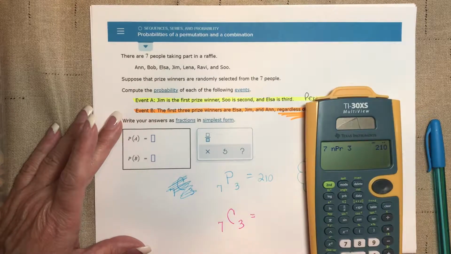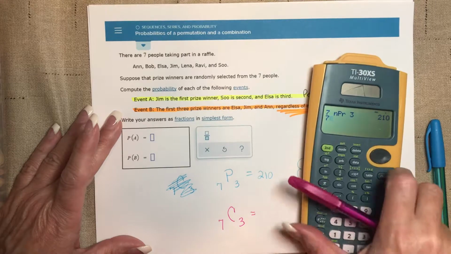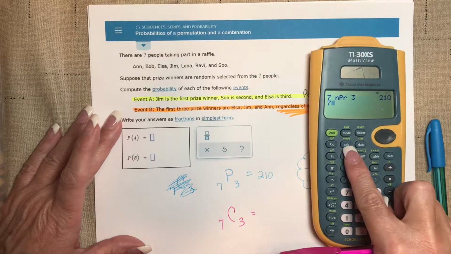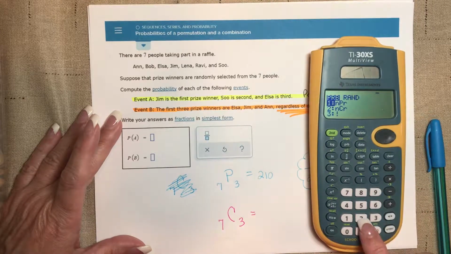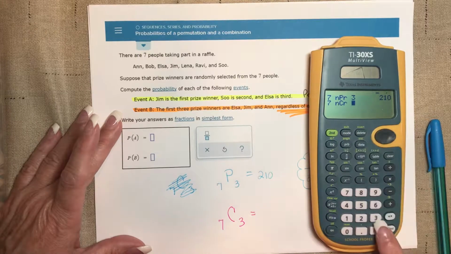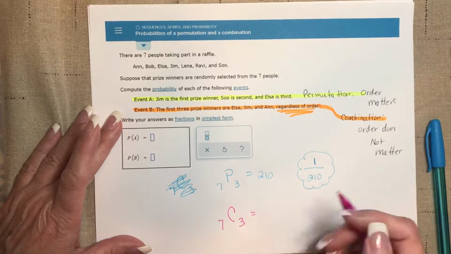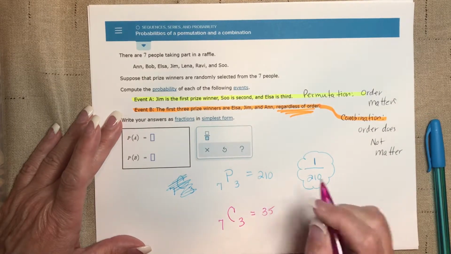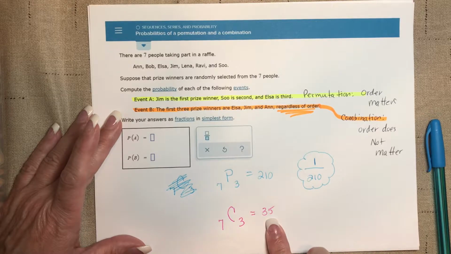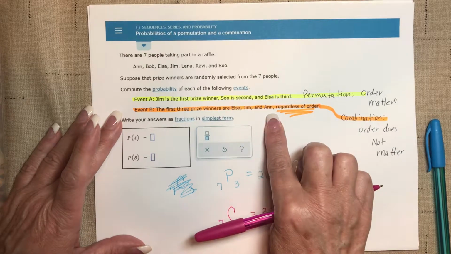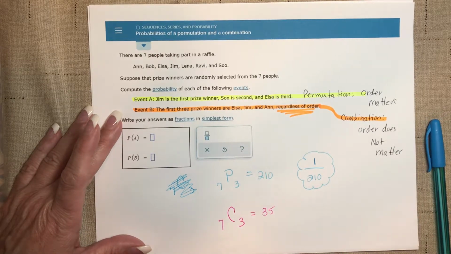So I go back to my calculator, 7, go to my probability button and hit number 2 because that's nCr, with a 3. I should get an answer smaller than 210, and I do. It's 35. So there are 35 ways that 3 people can come in as the first 3 prize winners.